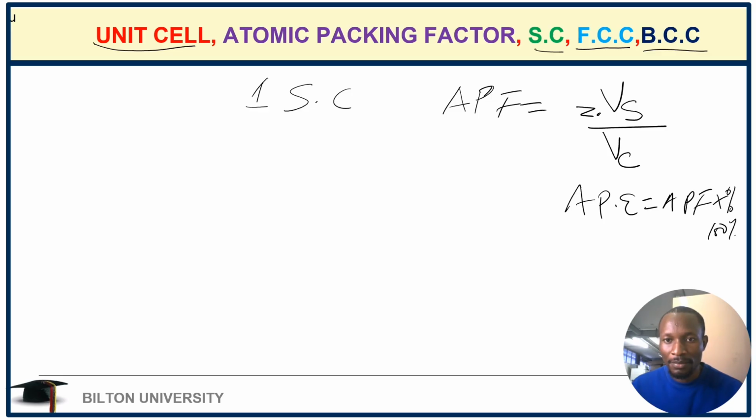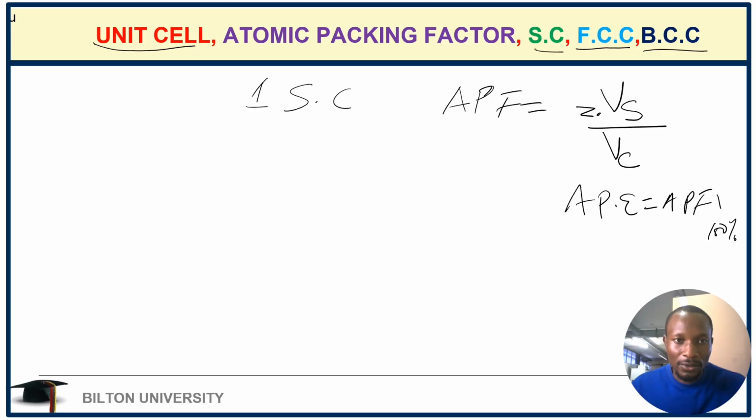Once we have the atomic packing factor, it can then tell us how much of that volume is occupied by the atoms and what is the free space, which is void in that space.